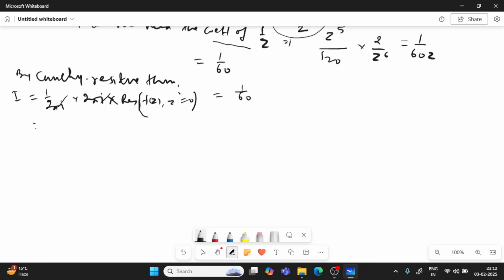So that implies 160i would be 160 into the residue, which is 1 upon 60. So it is 80 upon 30, and it is 8 by 3. So it is our required answer.